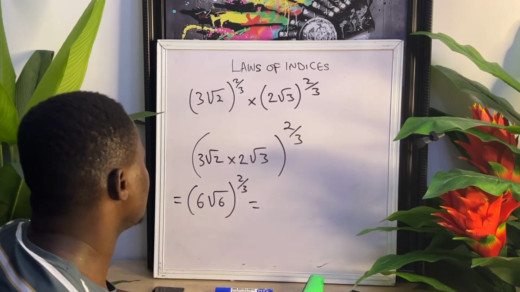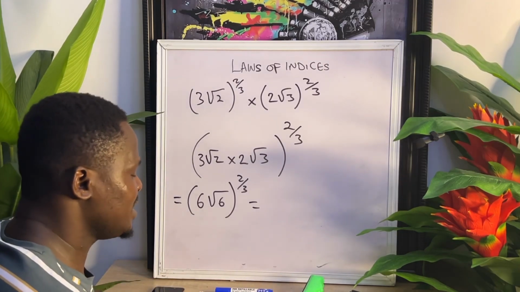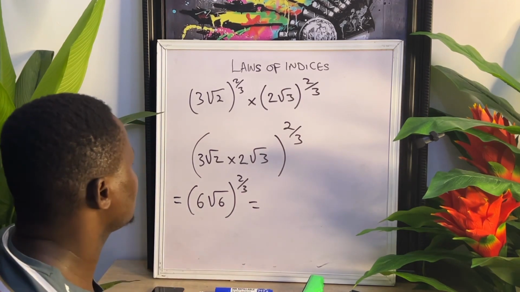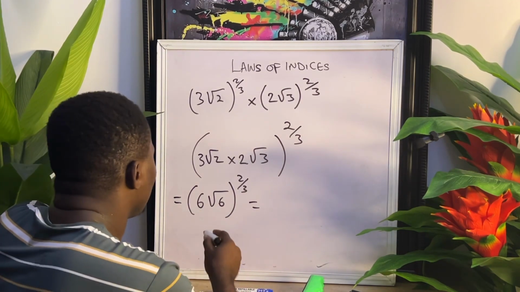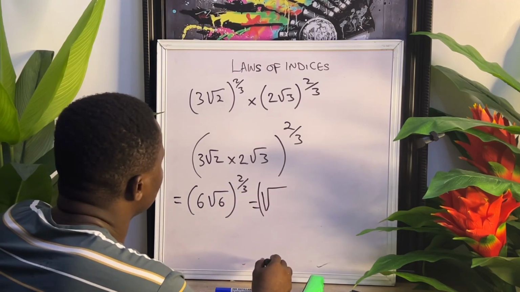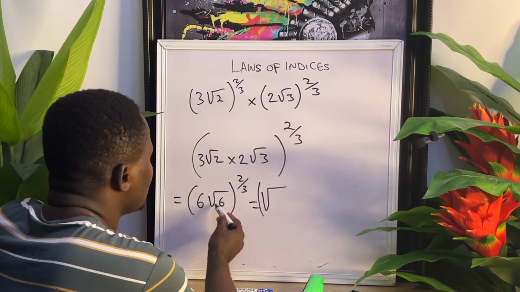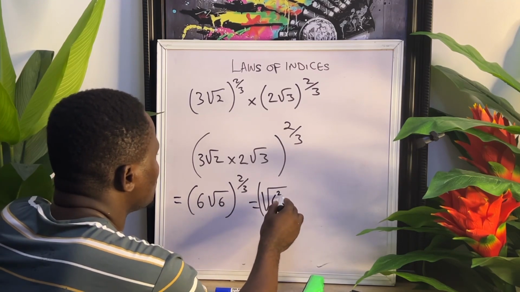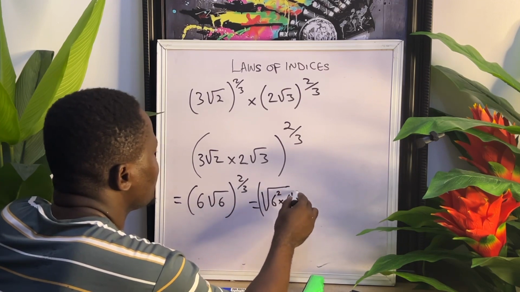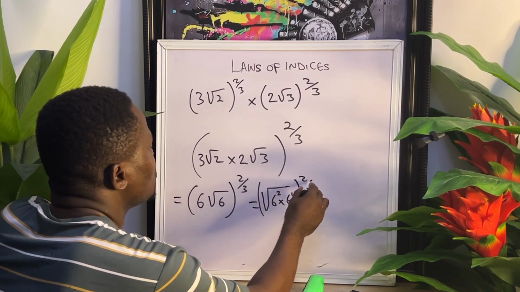To take this 6 inside, we must first square it before it can be permitted to come inside to join this other 6. We then have square root of, that is inside brackets. This 6 squared is 6 raised to power 2 times this 6 that is already inside, which is 6 raised to power 1. Everything raised to power 2 over 3.